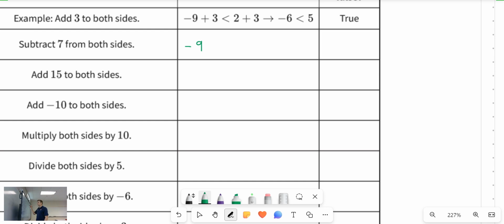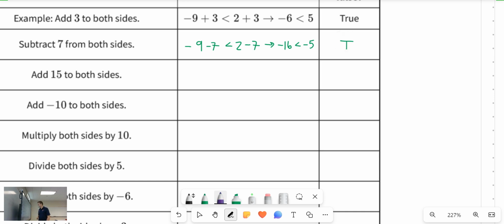Subtract 7 from both sides. It's -9 minus 7 is less than 2 minus 7. All right, what's -9 minus 7? That's -16. Is less than, what's 2 minus 7? That's -5. Is -16 less than -5? Yes, it is. That's true.